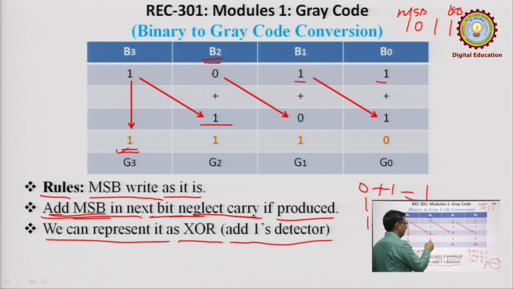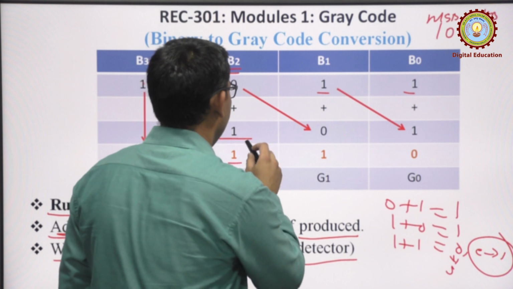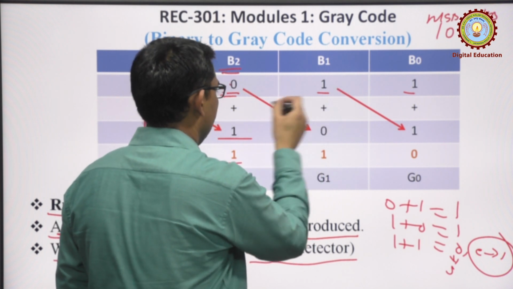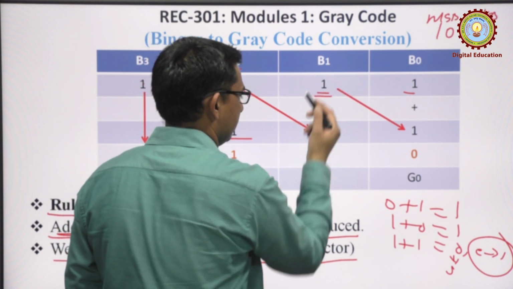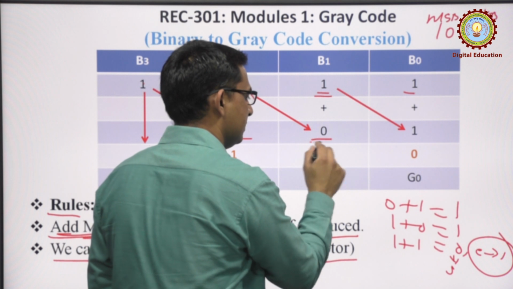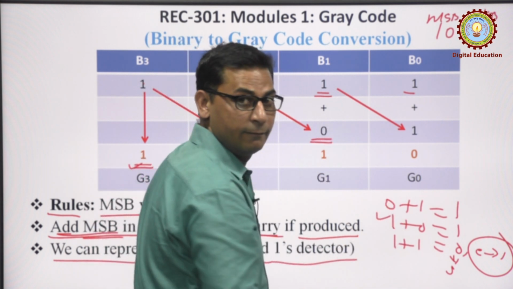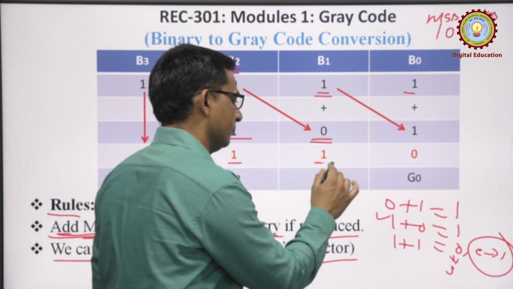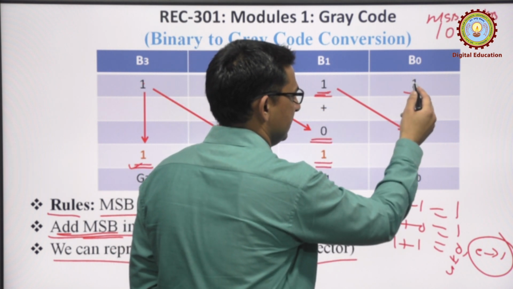So, 0 plus 1 is 1. Okay. Now, add this bit to the next bit. Next bit is 0 and the bit after is 1, this one. So, 1 plus 0 is equal to 1. Okay. So, we get 1. Now, add this 1 to the next bit, and the next bit is 1 also.